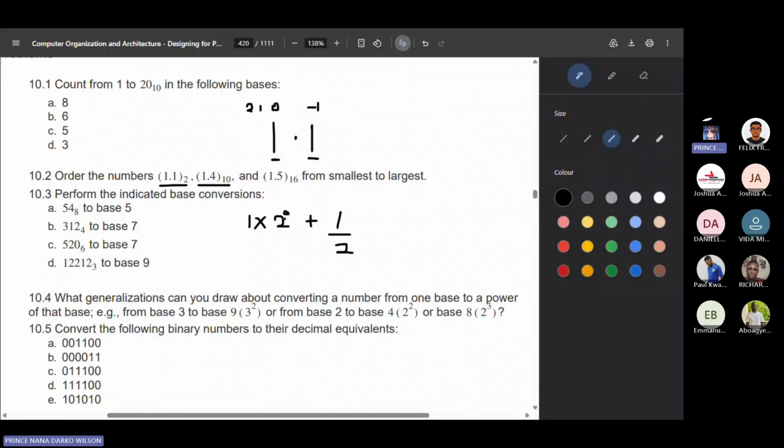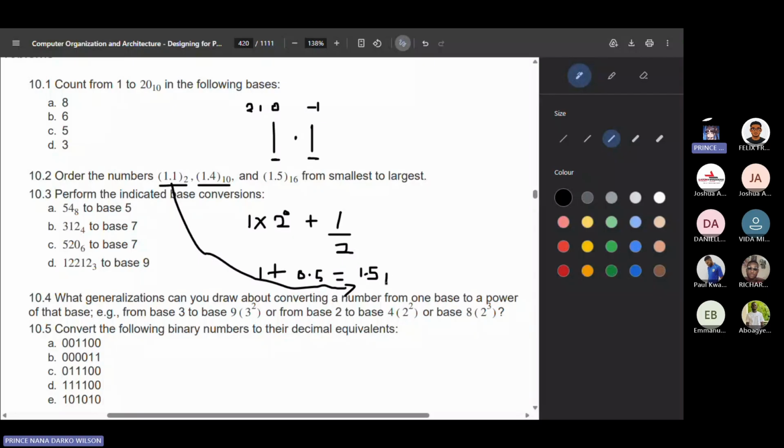So 1 times 2 to the power 0 is 1. And then 1 divided by 2 is 0.5. So 1 plus 0.5 gives us 1.5. So it means the base 10 equivalent of 1.1 is 1.5.